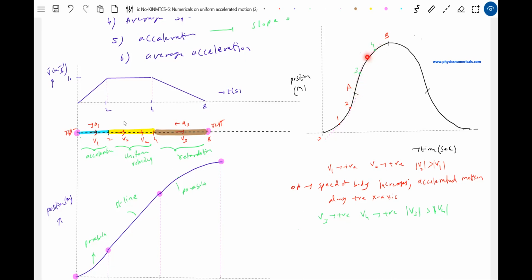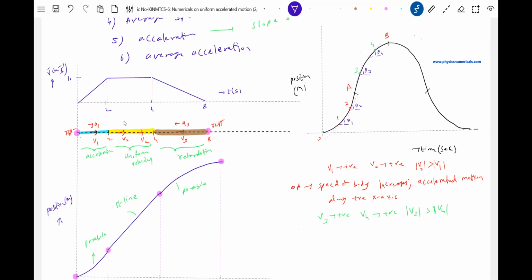The angle made by the tangent with the horizontal will be less here, so for clarity I will indicate that angle also, theta 4. Looking at this, you can directly write it, no? Which angle will be more?